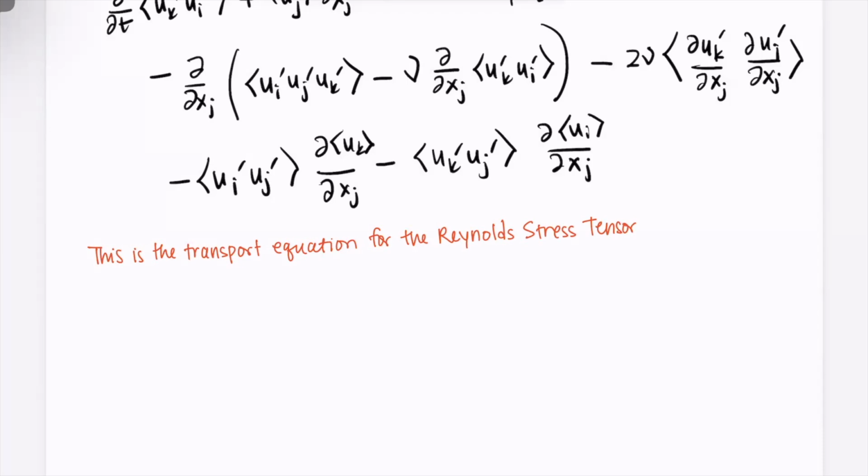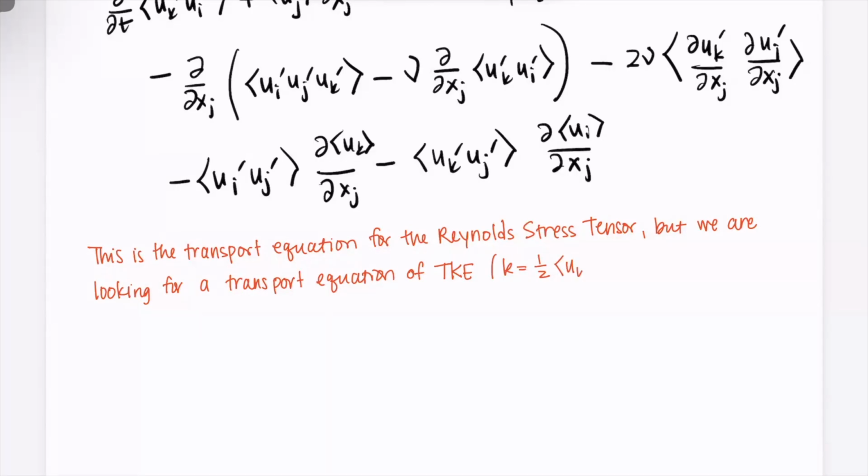If you remember from before, for that turbulence closure that we were looking at, we needed a transport equation for just the TKE, which is the variable k, and that is 1/2 times the trace of the Reynolds stress.